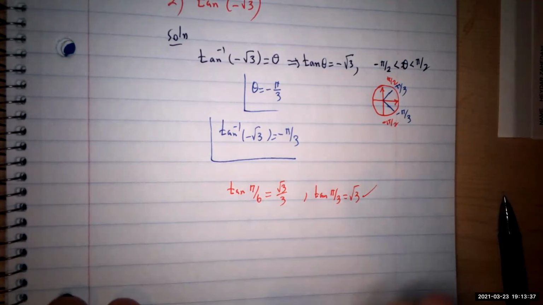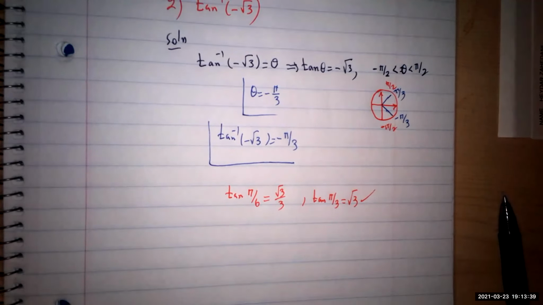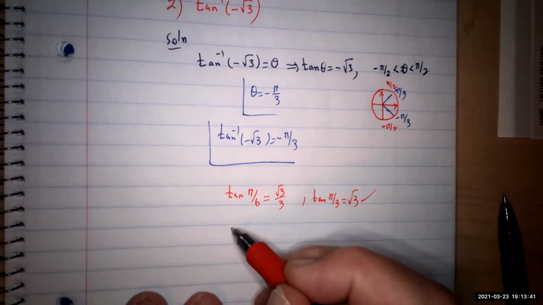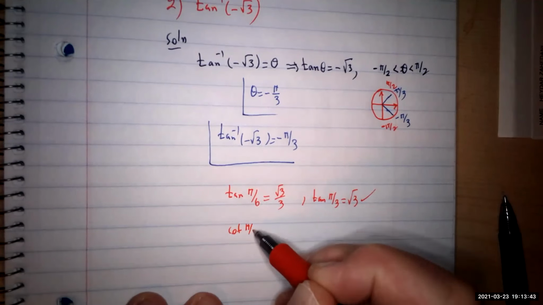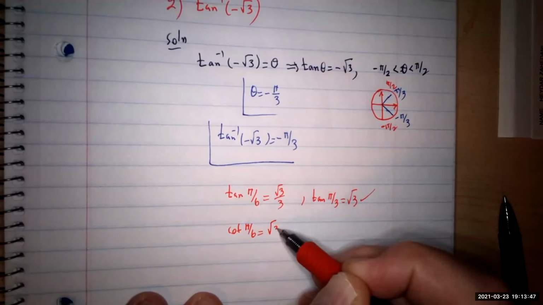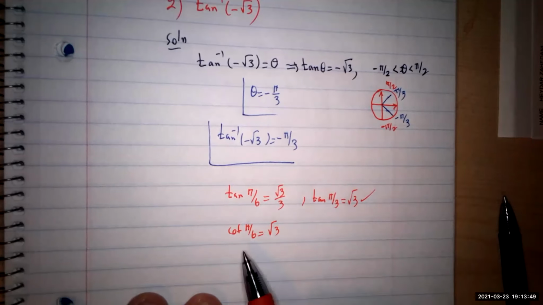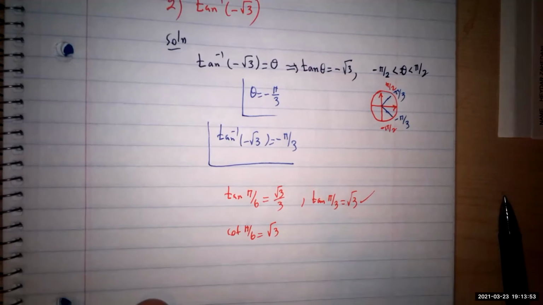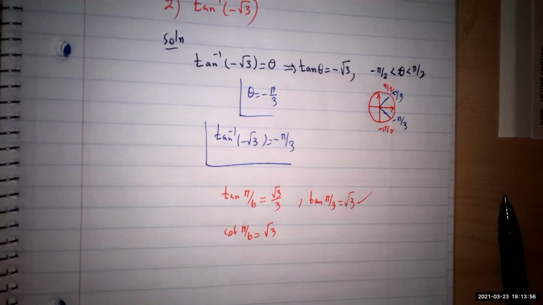You have to go with the tangent. That is easier. You see, the cotangent of pi over 6 is what? That's a radical. And the cotangent of pi over 6 is the same as the tangent of pi over 3. That's how we did it.